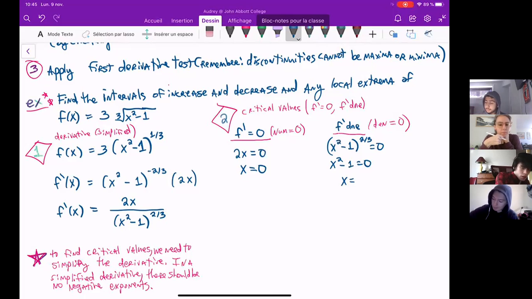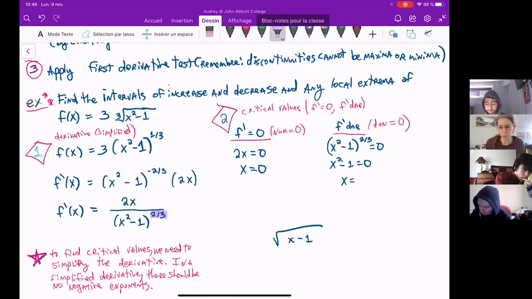Yes and no, David. So if we had just x minus 1, if the denominator wasn't squared, then yes, potentially we could have the square root of a negative number on the bottom, like the square root of x minus 1. But the fact is that what we have here, this power, is to the power of 2/3.